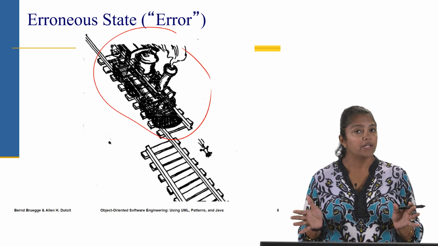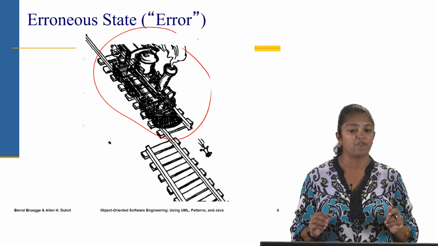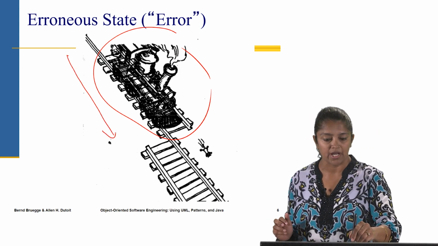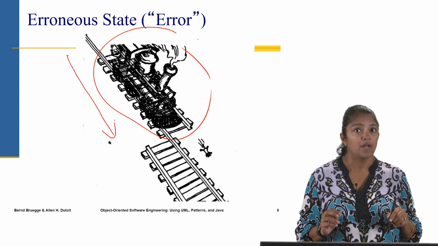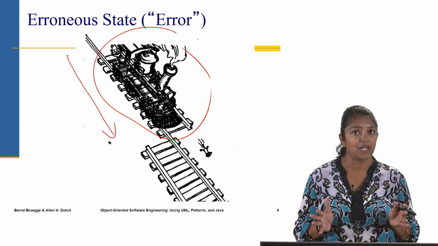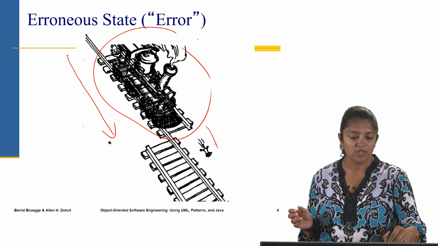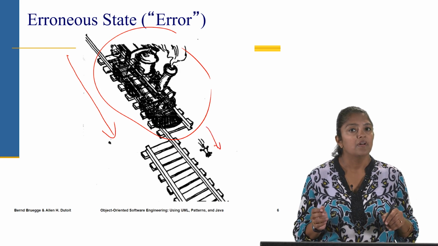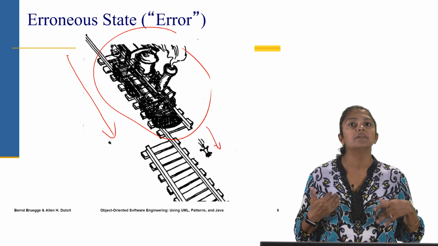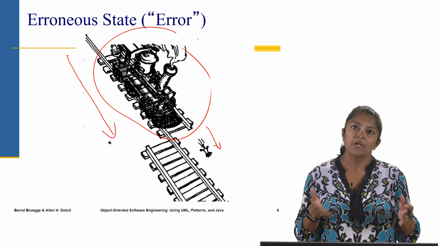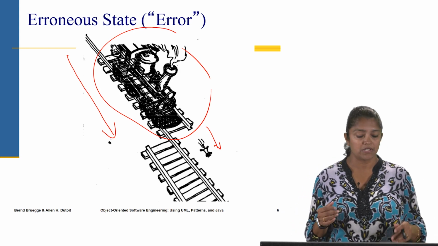So far, it's behaving as per the specified behavior. It's able to move on the track from one end to the other. But it is an erroneous state. It is an error state. And the reason for that is if this engine proceeds any further from where it is now, then it's going to result in a failure. So this is an erroneous state or an error.